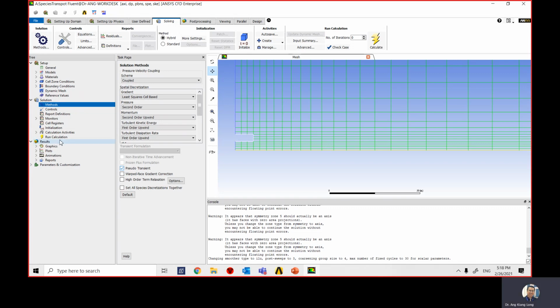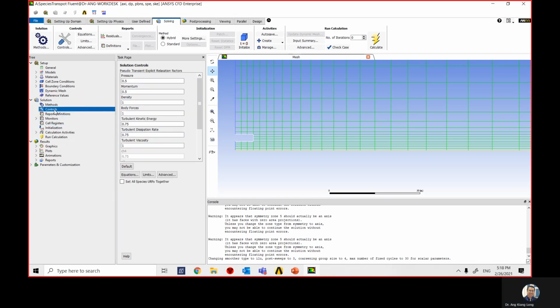Then after that, we're going to control. After you define your solution method, you go to control, double click control. And in this case, we will reduce the effect of our density over here. We will reduce it from 1 to 0.25. Okay.